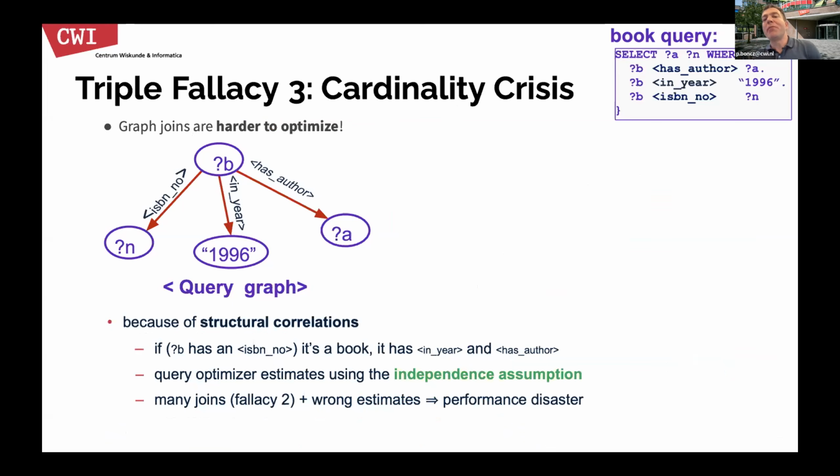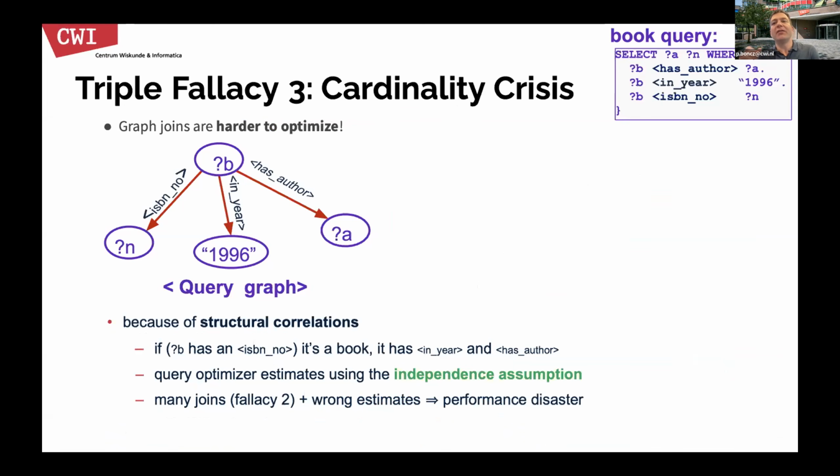And it's compounded by the third fallacy of triples, the true triple fallacy, which is the cardinality crisis. Because it is actually very hard to optimize these joins. And that is because these joins are not real joins, they are correlated, there are structural correlations. So how to understand this? Well, if I already have the triples that correspond to an ISBN number, then the vertices that this is about are books, because only books really have ISBN numbers.